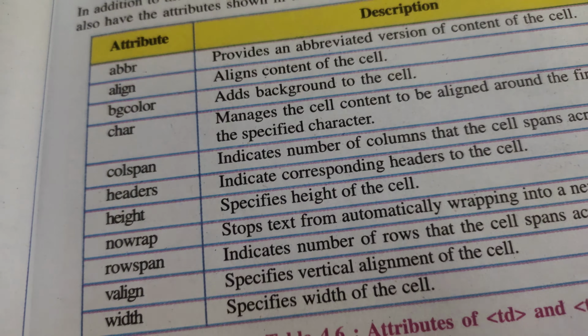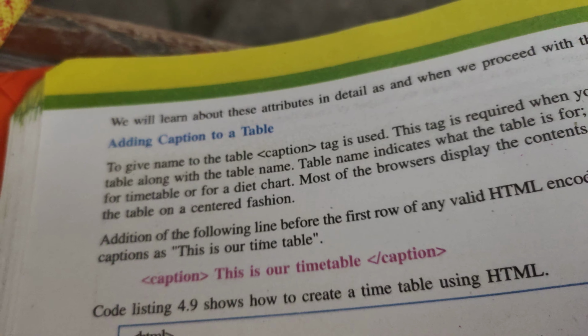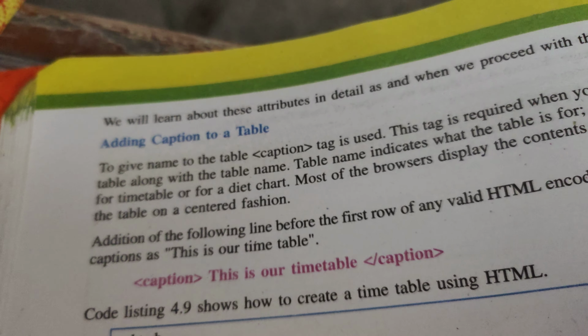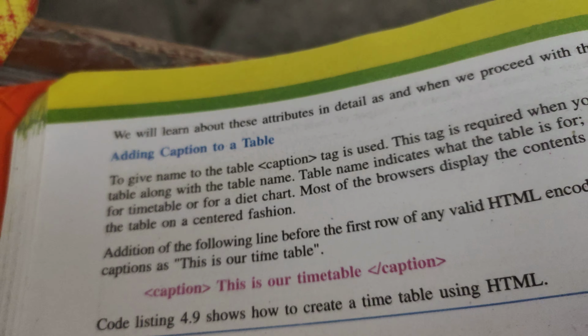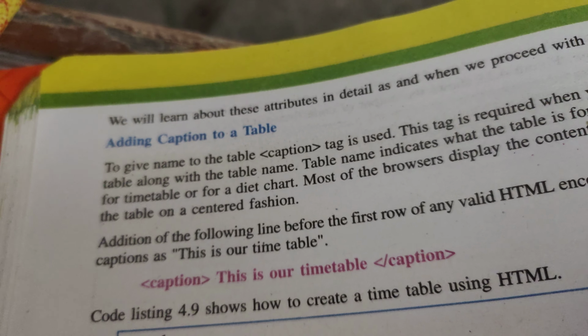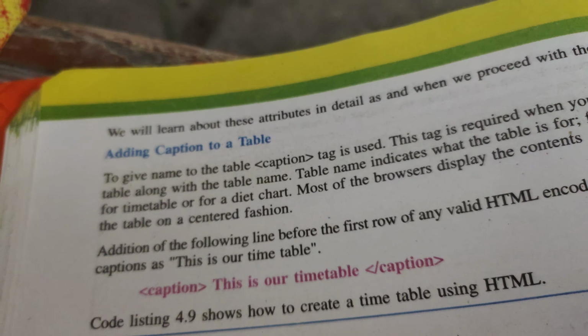Adding a caption to a table. To give a name to the table, if you want to add a specified caption in your table, you require the caption command: an opening caption tag, and a closing caption tag. For example, this is our timetable, caption closed. This is the caption command given for adding a caption.